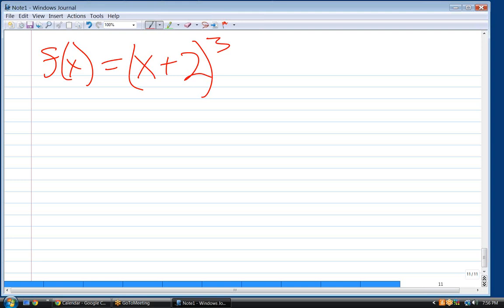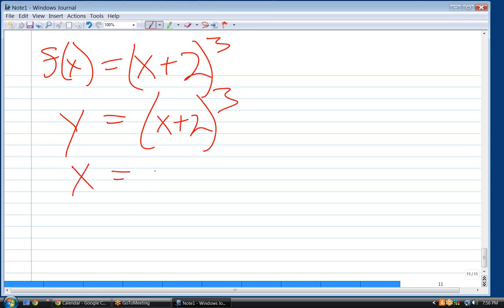You set f of x to y, so y equals (x plus 2) cubed. And the y switches, so x equals y. The two steps are: switch the variables and solve for y.